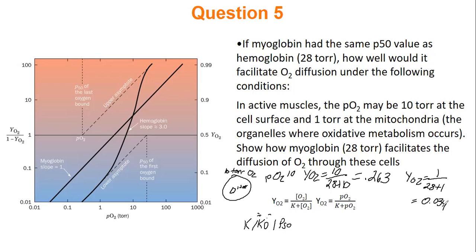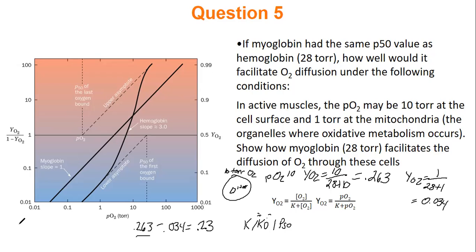Doing the same calculation that we did on Wednesday, if 26.3% bind oxygen at the cell surface, that's this number, and at the mitochondria only 3.4% are left with oxygen, that means with our mutant myoglobin, or basically with hemoglobin, only 23% of our molecules are able to deliver oxygen from the cell surface to the mitochondria.